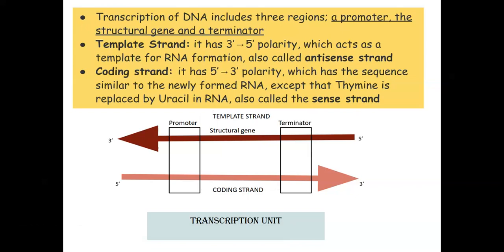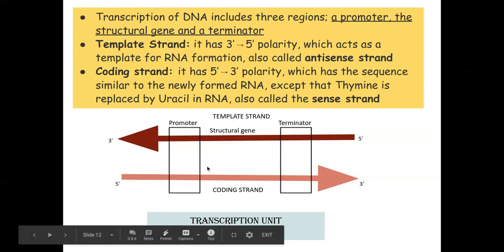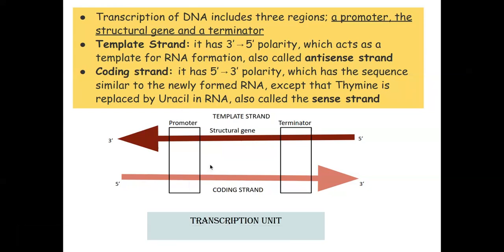The sequence of bases is very similar, the only difference being that in place of thymine, there is uracil in the RNA. Otherwise, the sequence is exactly the same. The polarity of the template strand is 3 prime to 5 prime, and the polarity of the coding strand is 5 prime to 3 prime. So these are some important points to note.